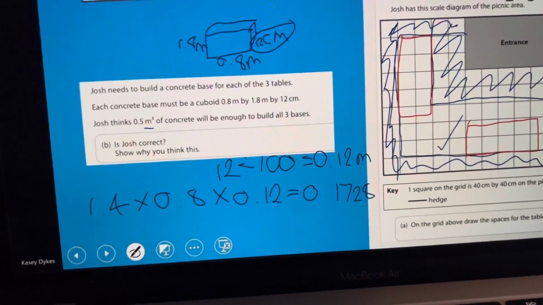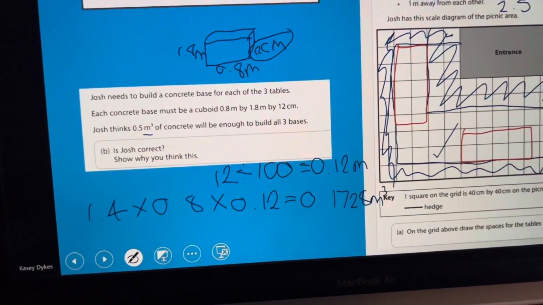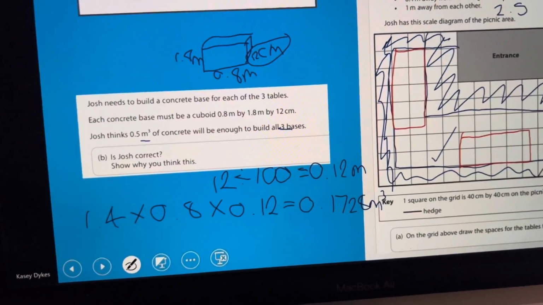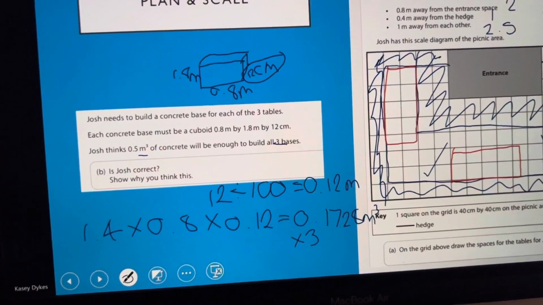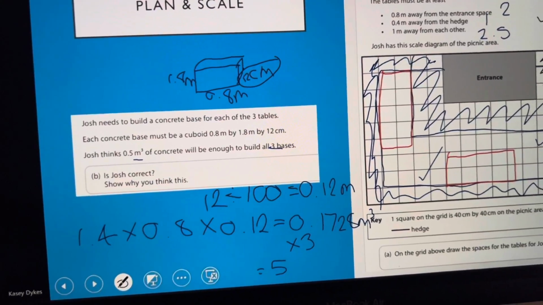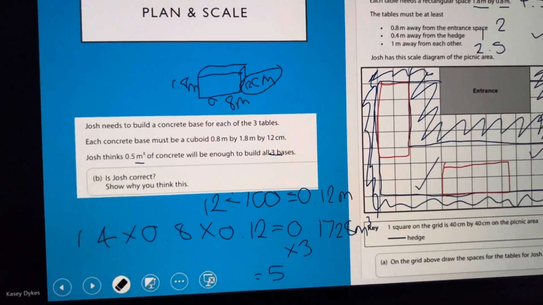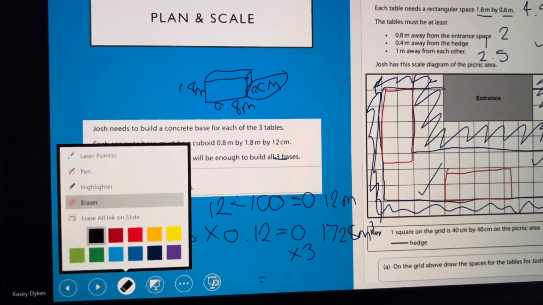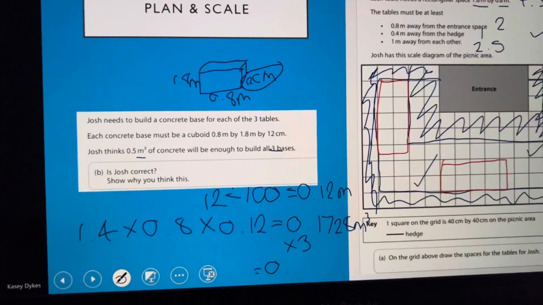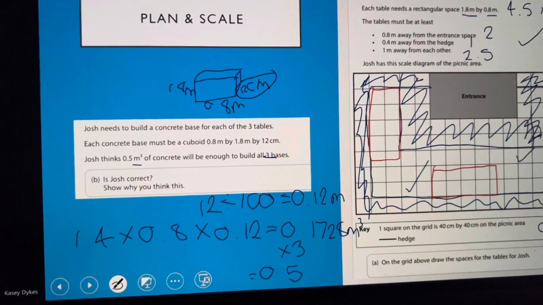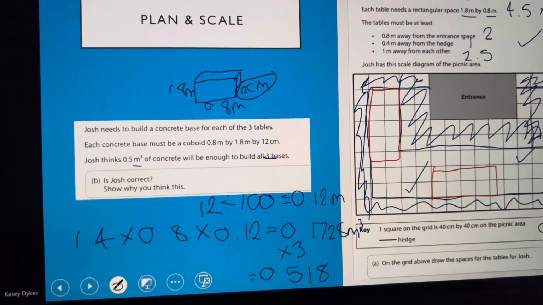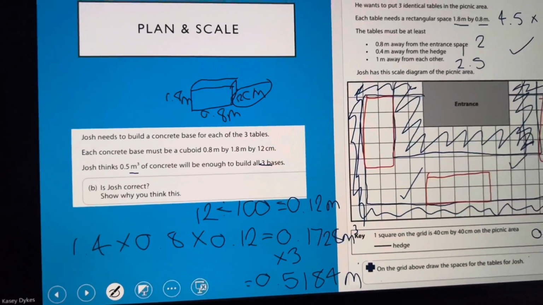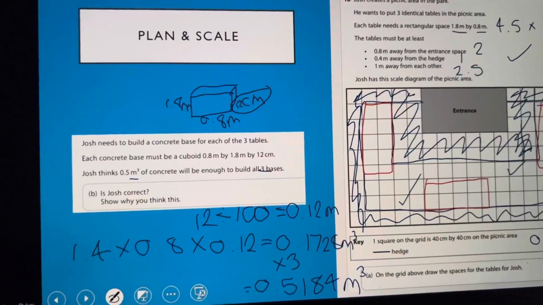0.1728 metres cubed. And we're looking at 3 bases, so I'm going to times that by 3 to get 0.5184 metres cubed.